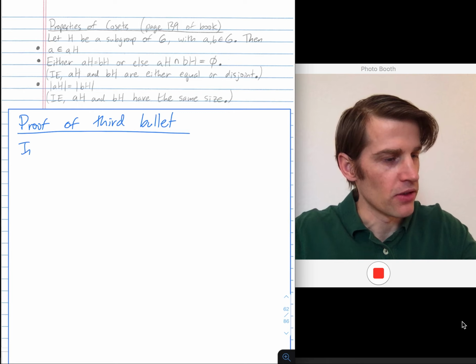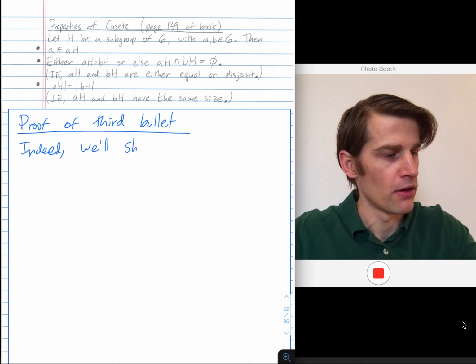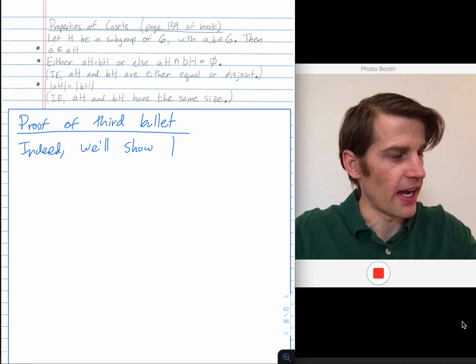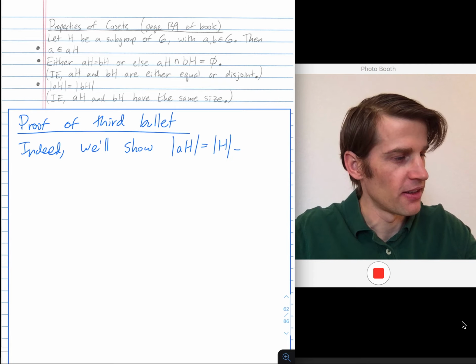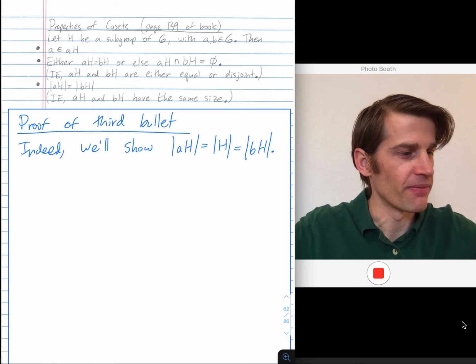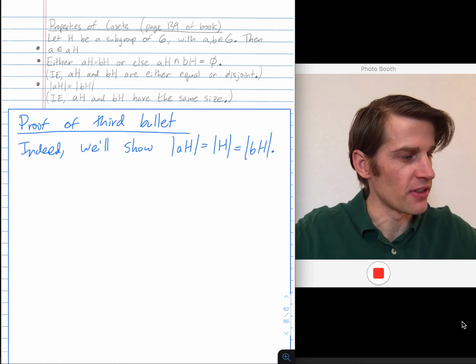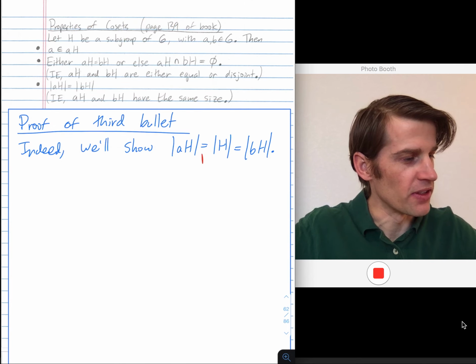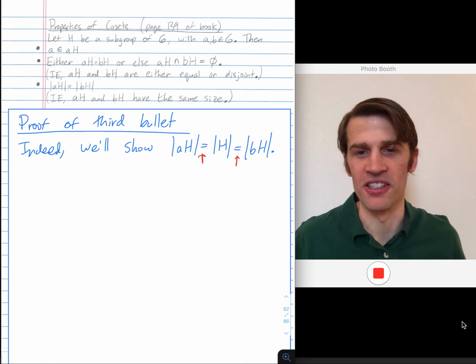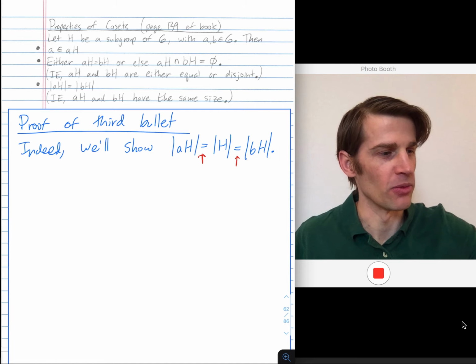Okay, so indeed, we'll show that the size of a coset AH is just the same as the size of the group H. Once we've shown this first equality, we've certainly shown the second equality, because A and B are just arbitrary elements of my group.